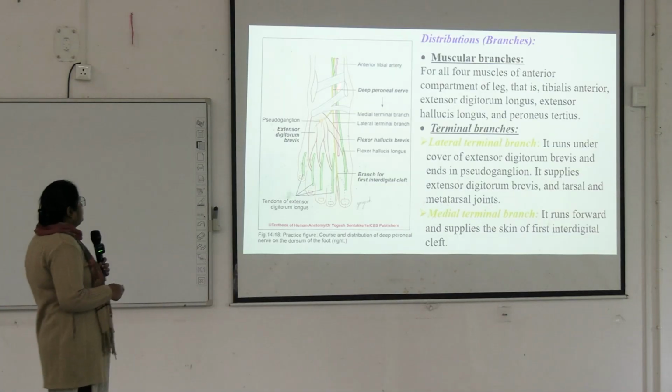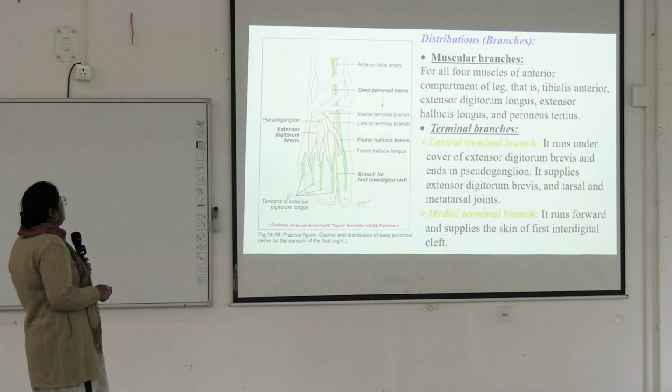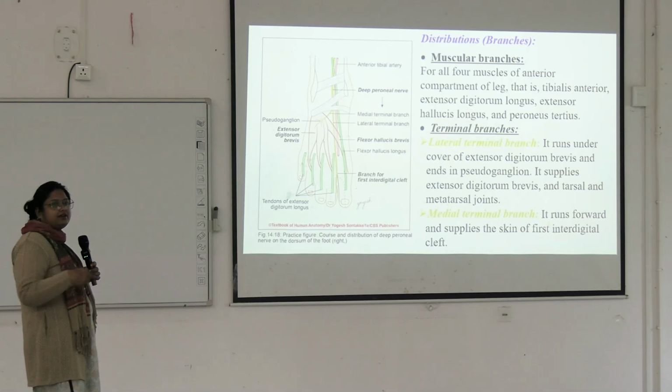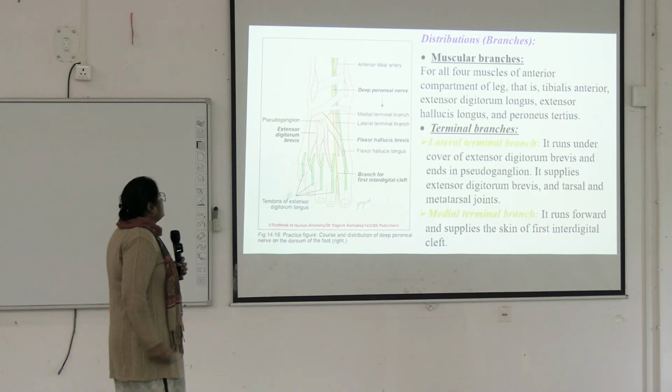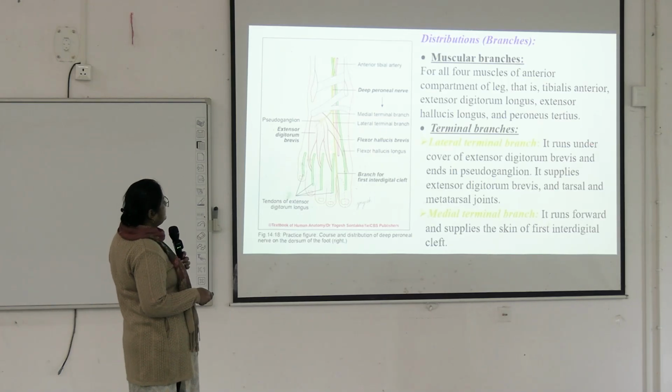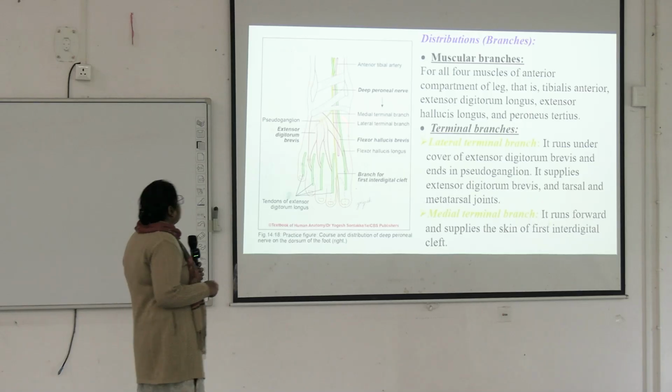And it is then dividing into two terminal branches, lateral terminal branch and medial terminal branch. এই ওয়ার্ড দুটো ভুল লেখা আছে, অল্টারনেট হবে. Medial will be lateral, lateral will be medial. So you can see the lateral terminal branch, it runs under cover of extensor digitorum brevis. This small muscle lying over the foot is the extensor digitorum brevis.